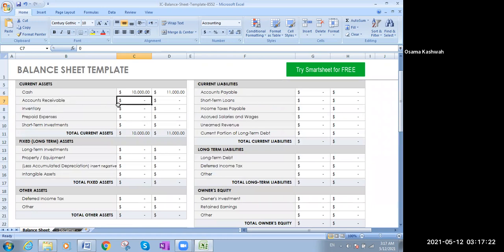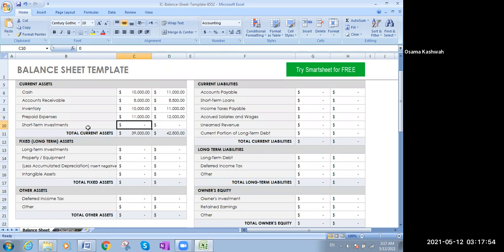So accounts receivable, we'll say that the accounts receivable here were 8,000, and here they were 8,800. Inventory, the inventory here was 10,000. The inventory here was 11,000. The prepaid expenses, which is considered one of the current assets, let's say it was 11,000, and here the prepaid expenses is 12,000.